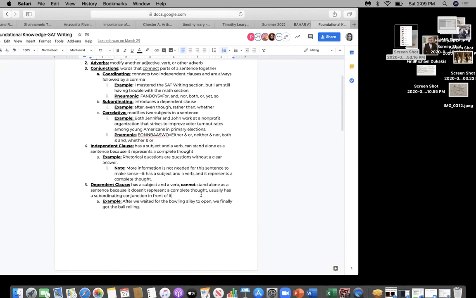So subordinating conjunctions are going to be introducing these dependent clauses, these phrases that cannot stand alone as a sentence. So after, even though, rather than, whether. After we walked to the store.